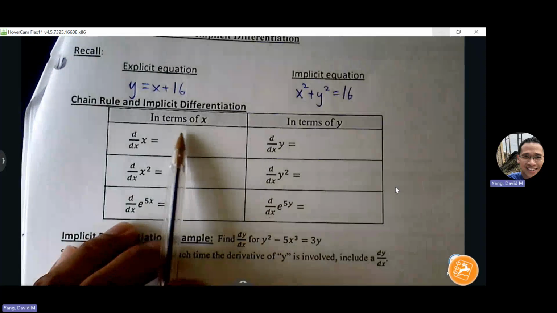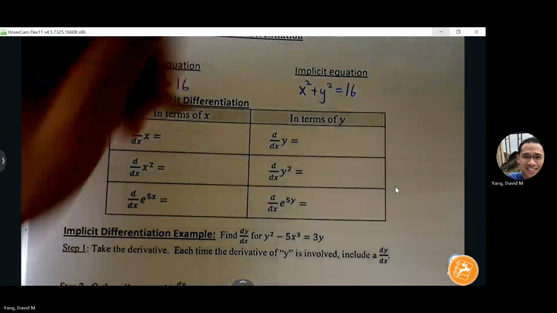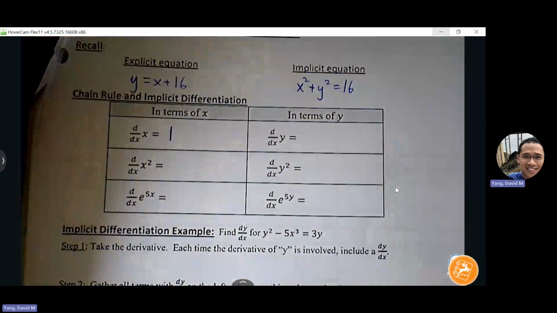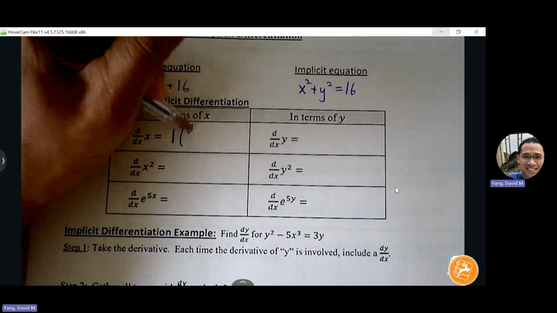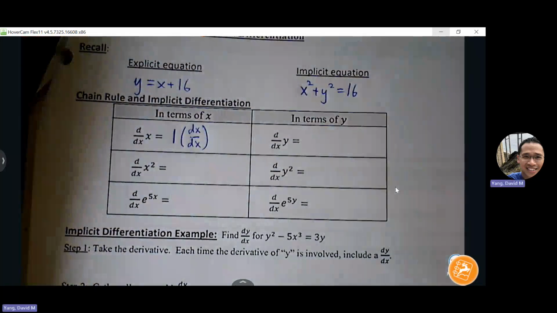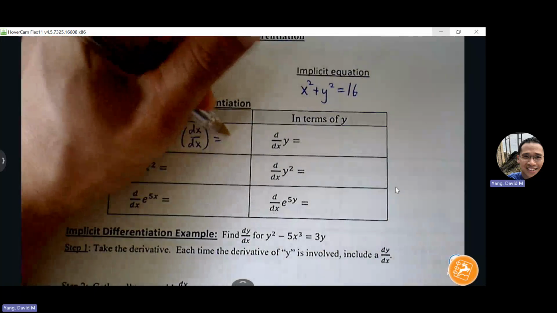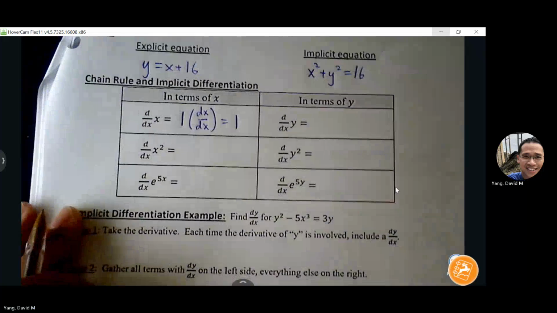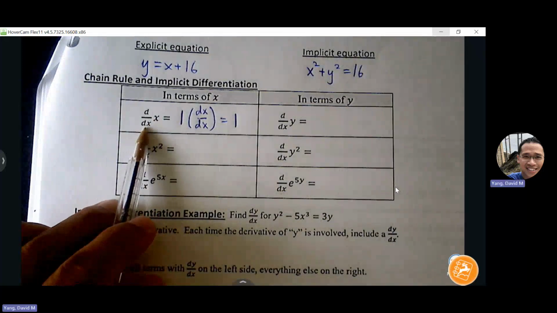In terms of x, if I want to find the derivative of x, what's the derivative of x? It's just 1. Now, what's hiding is the fact that we're finding the derivative of x with respect to x. And so we never have to worry about that because that just goes away to 1. Right? Because we're finding the variable with respect to itself.